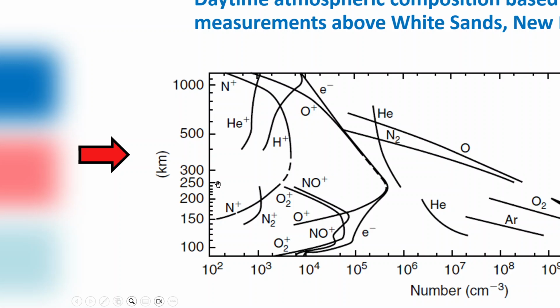So when you look at the ions around this region, you find that there are lots of N+, there are lots of NO+, there is lots of oxygen, and there are lots of O+ at this altitude. So these are the three, four ionized species that we often talk about and are very interested in.